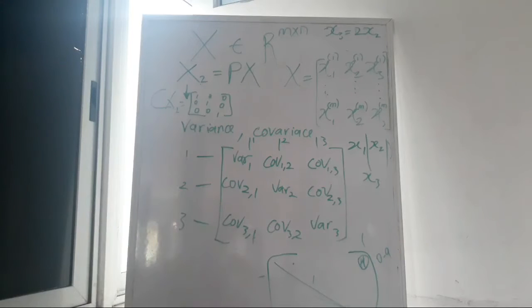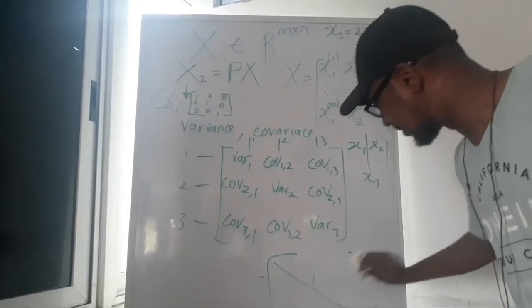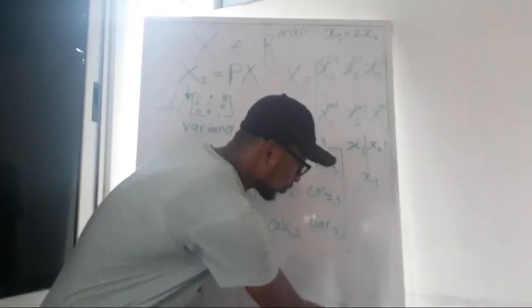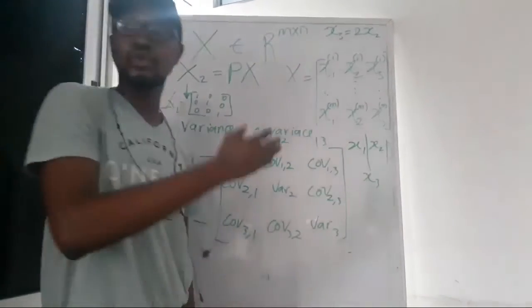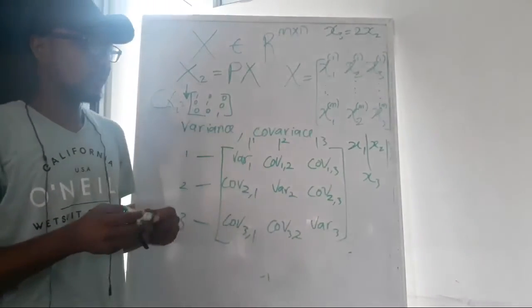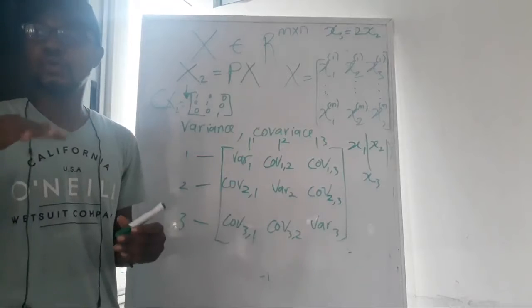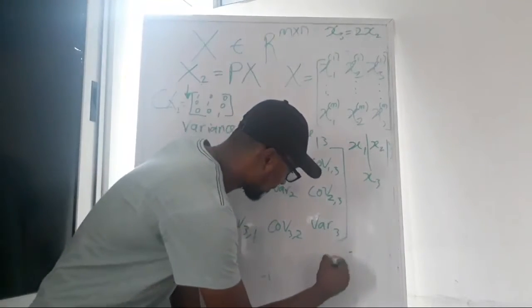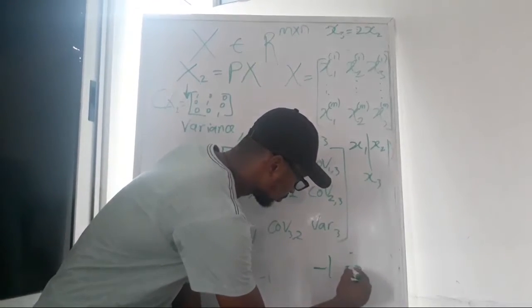There's something called covariance and there's another thing called correlation. The heat map actually shows you the correlation. Correlation is just a normalized version of covariance, in that the values are from -1 to 1.